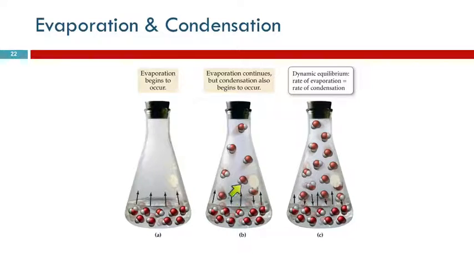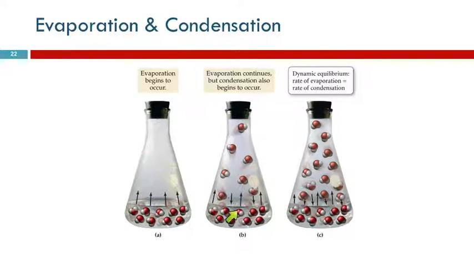As more molecules evaporate and we get more gas molecules here, then we're going to start to increase the rate of condensation. Because when this molecule escapes from the liquid, it does what gases do, and it travels in a straight line till it bumps into something. And so it travels around and it bumps in, and eventually it's going to bump into the surface of the water and get stuck.